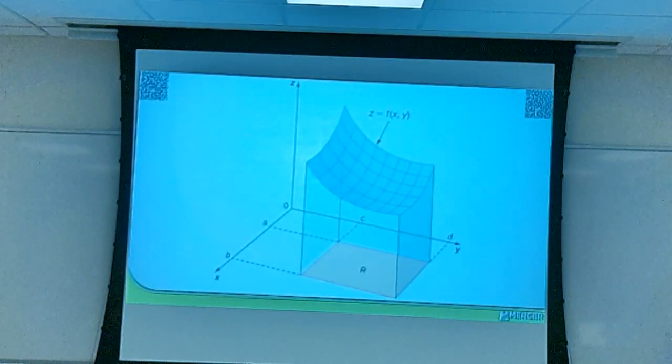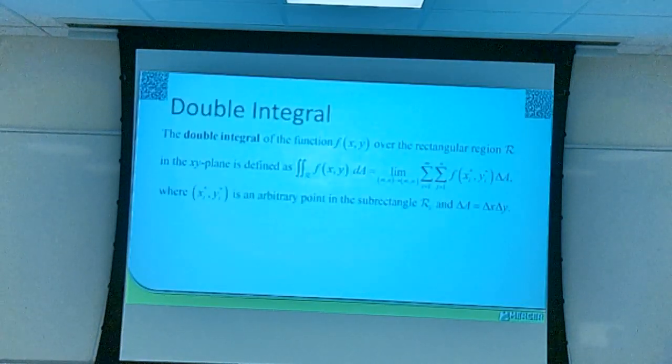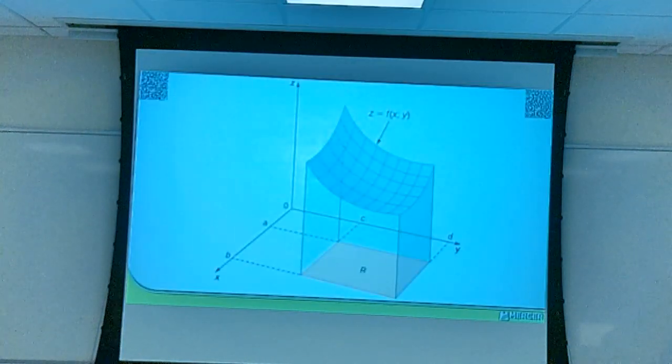Right. Visually, this is what's going on. Now we're starting with a rectangular region. We will move into a more general region. Now instead of sub-intervals, like we did with single integrals, we have what's known as sub-regions, or in this case, sub-rectangles.